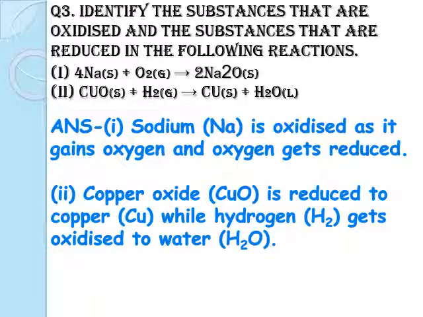Second, copper oxide changes to copper. In this reaction, copper is losing oxygen and hydrogen is gaining oxygen. So copper gets reduced and hydrogen gets oxidized.